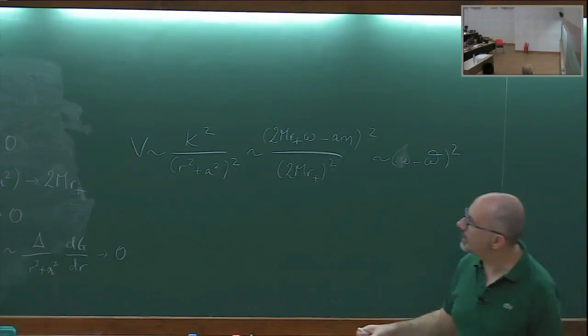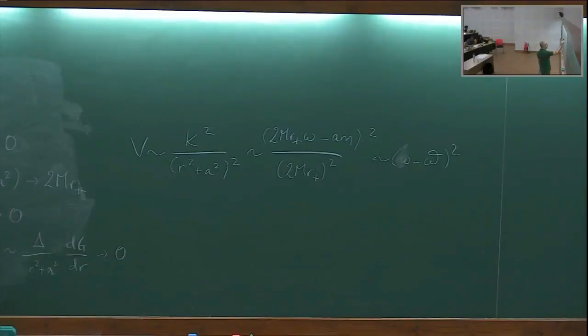Now, this is interesting, because just like in the case of non-rotating black holes, I see now that when I go very close to the horizon and very close to infinity, the behavior of my solutions is going to be a superposition of incoming and outgoing waves. But at infinity, I still have that the characteristic frequency is omega. When I get close to the horizon, the characteristic frequency is not omega anymore, it's omega minus this varpi. So the rotation of the black hole affects the boundary conditions at the horizon in a crucial way.